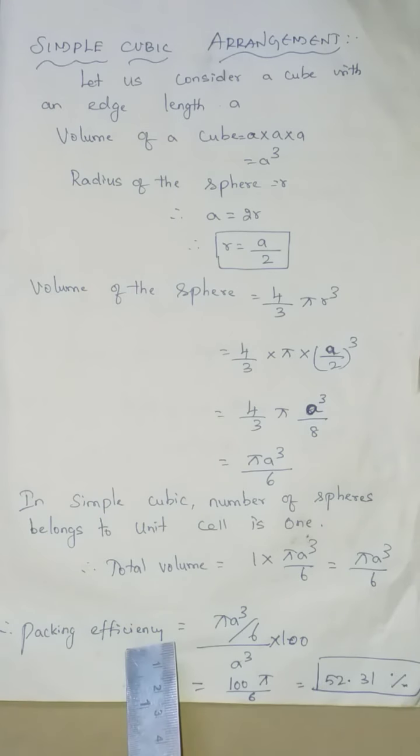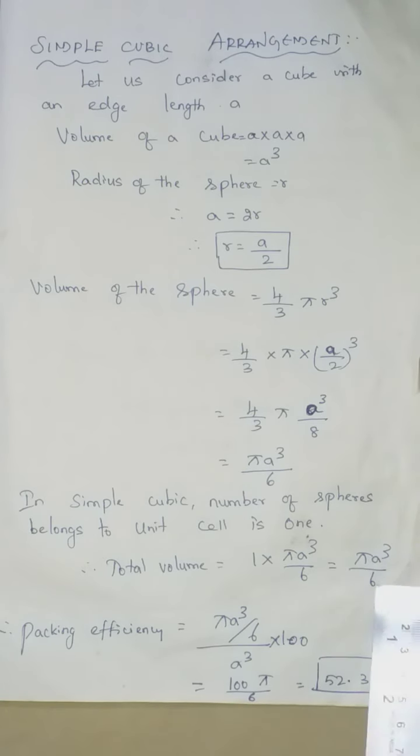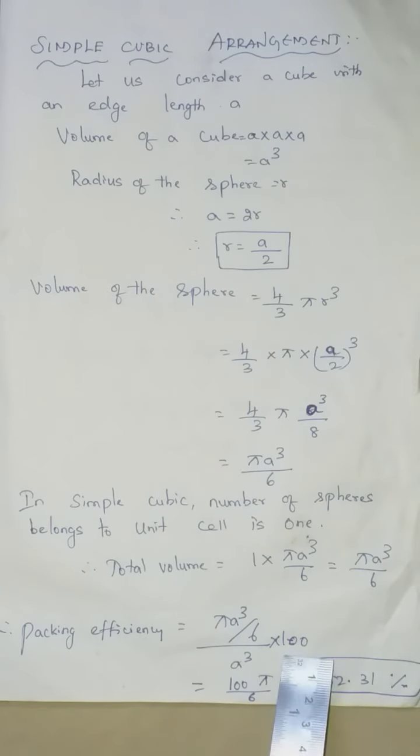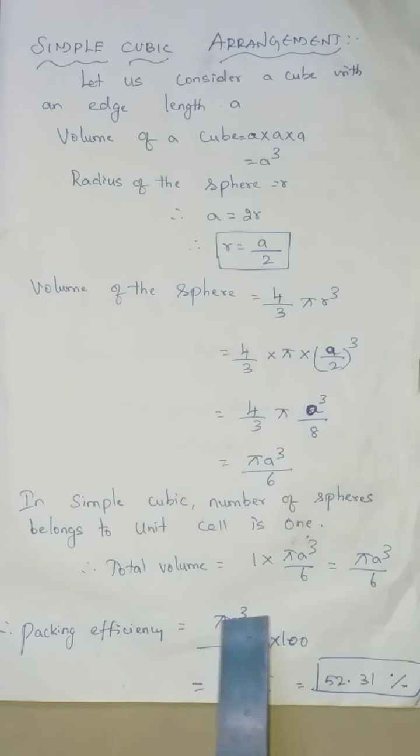Because the packing efficiency formula is the total volume of the sphere divided by the volume of the entire unit cell. So pi a cube by 6 divided by the volume of a cube, that is a cube, into 100. If you simplify this, a cube and a cube will get cancelled. Then 100 pi divided by 6, we get 52.31% of atoms, that is the packing efficiency.